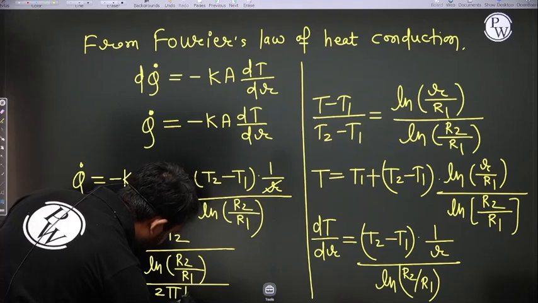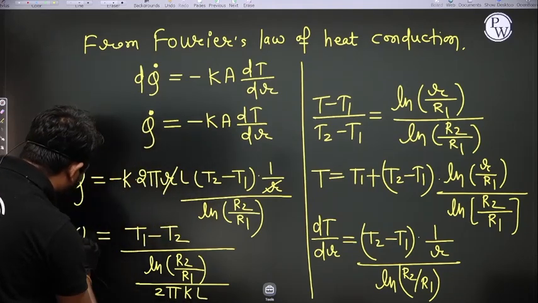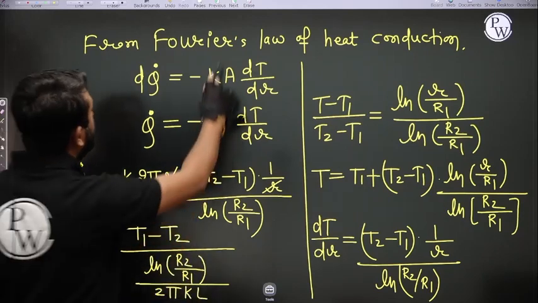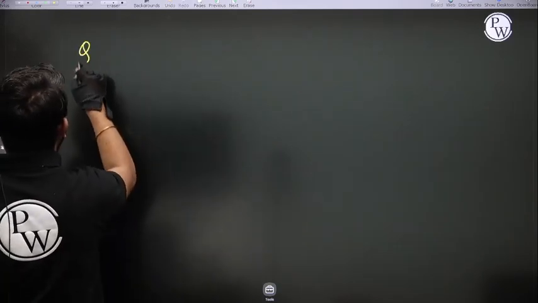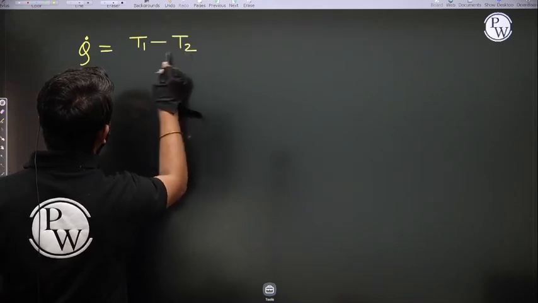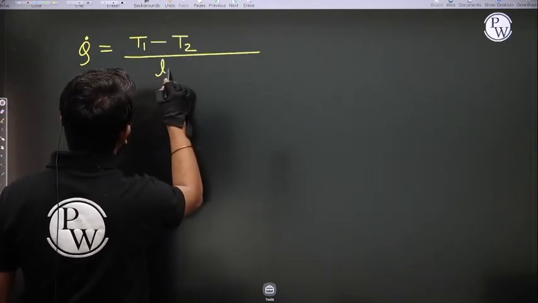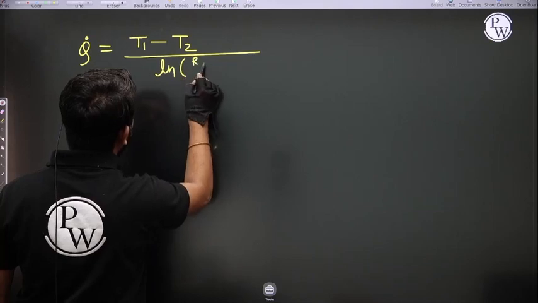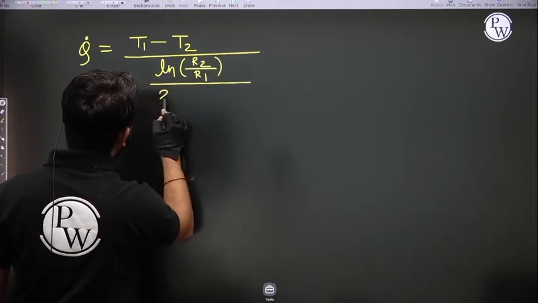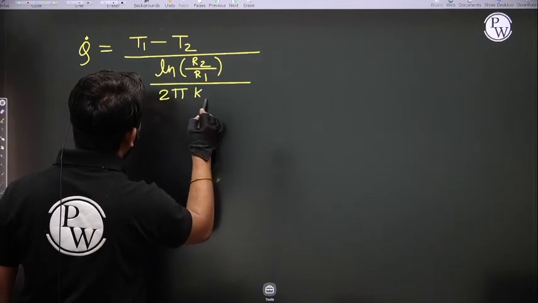This is the rate of conduction heat transfer from the hollow cylinder. So I write here that Q dot is equal to T1 minus T2 divided by ln R2 by R1 by 2 pi KL.